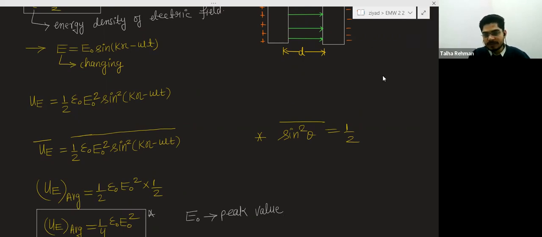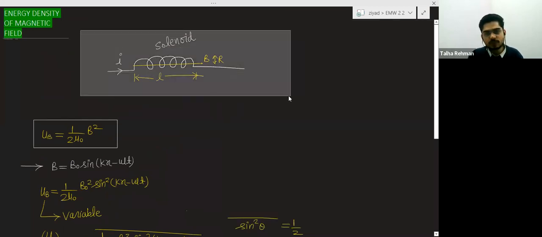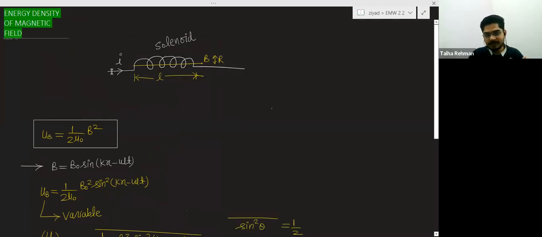So basically this is a solenoid, or you can say an inductor. In this there is a current I and length L, and the magnetic field is like this, and R is the radius.